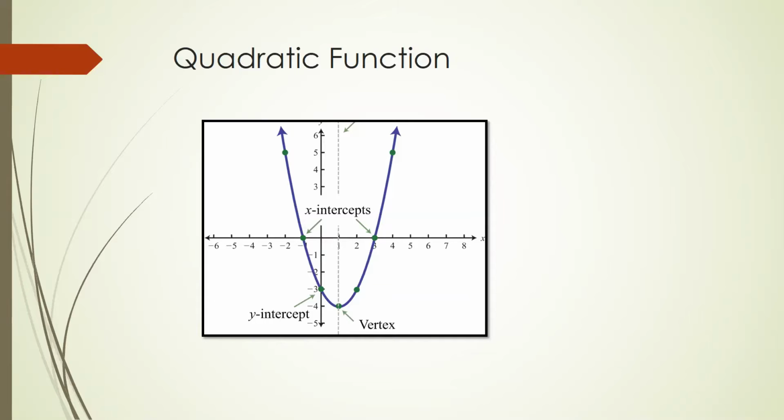So as we can see, it's opening upwards, and the x-intercepts are where the graph passes through the x-axis. Here it is at -1 and 3. And for the y-intercept, it is passing through the y-axis, and that is at -3.